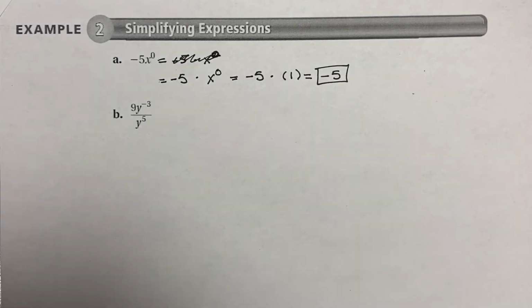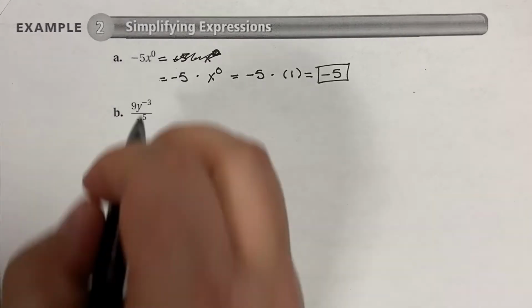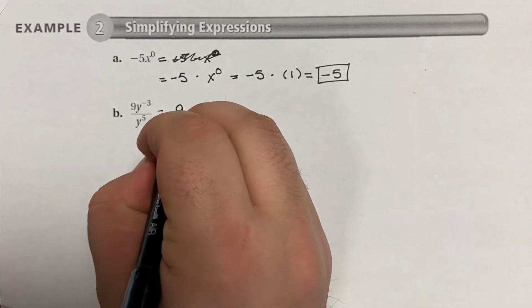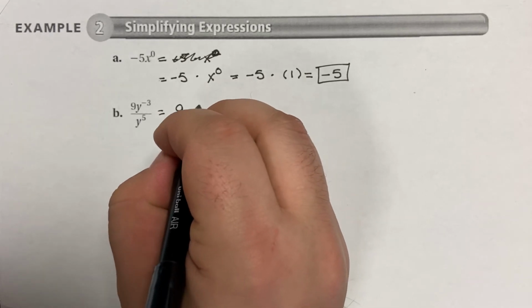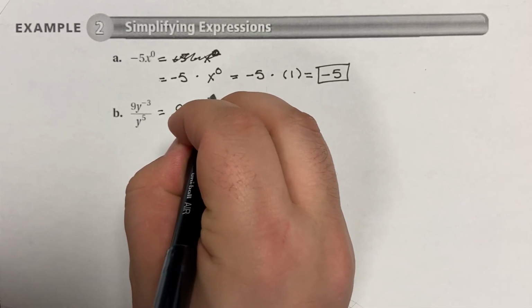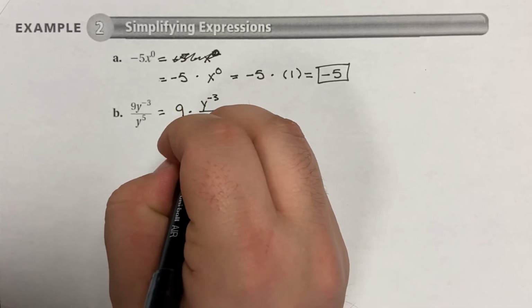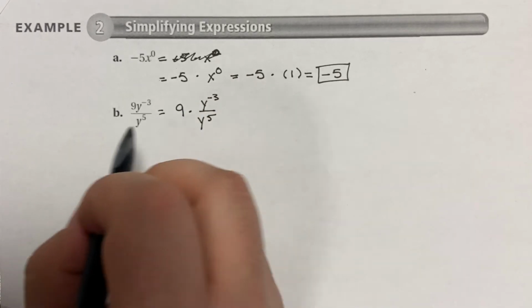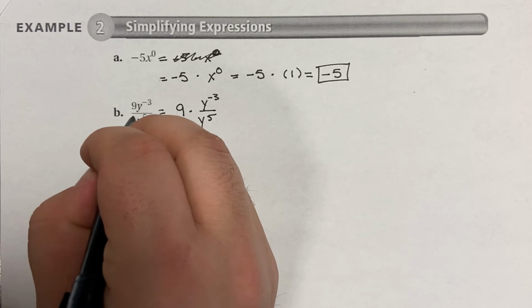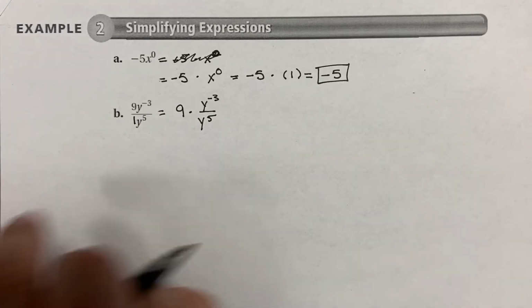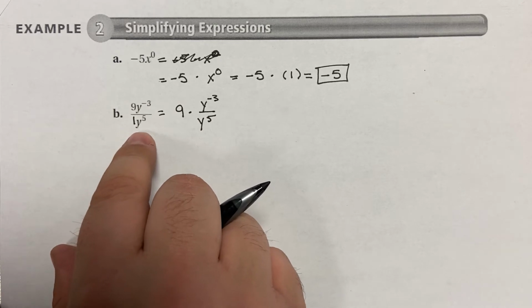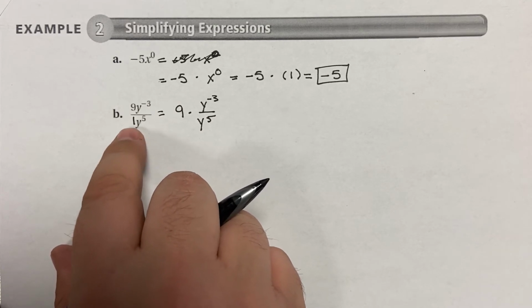Now the next problem, we're dealing with division, so we can rewrite this as 9 times y to the negative 3 over y to the 5. And what I did in my head was, this is the same thing as 9 y to the negative 3 and 1 times y to the 5th, because the coefficient here is 1.